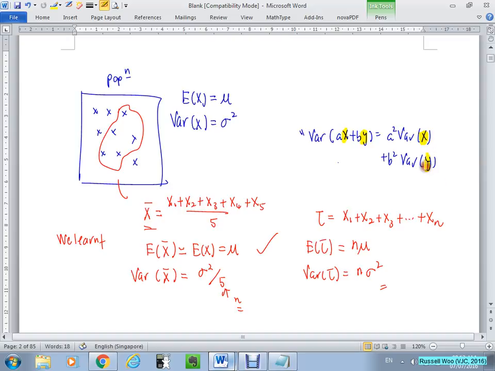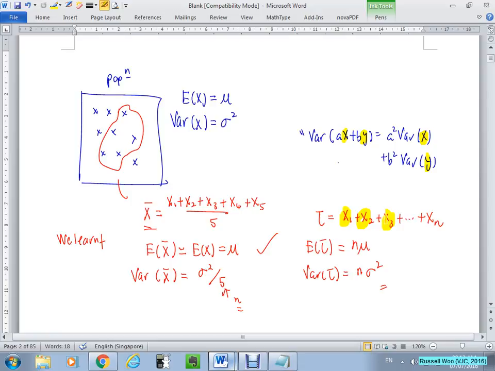Now, x1, x2, x3 are independent, therefore you can just add variance of x1 plus variance of x2 plus variance of x3, etc., therefore you get n times variance. So far, so good. That's what we learned.